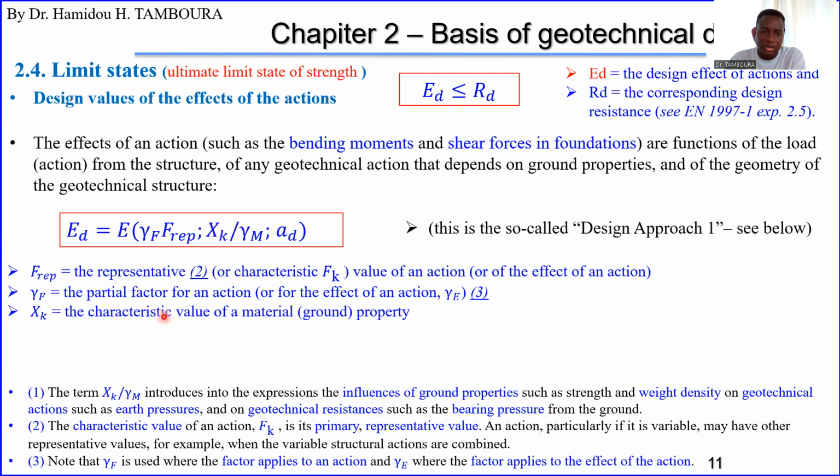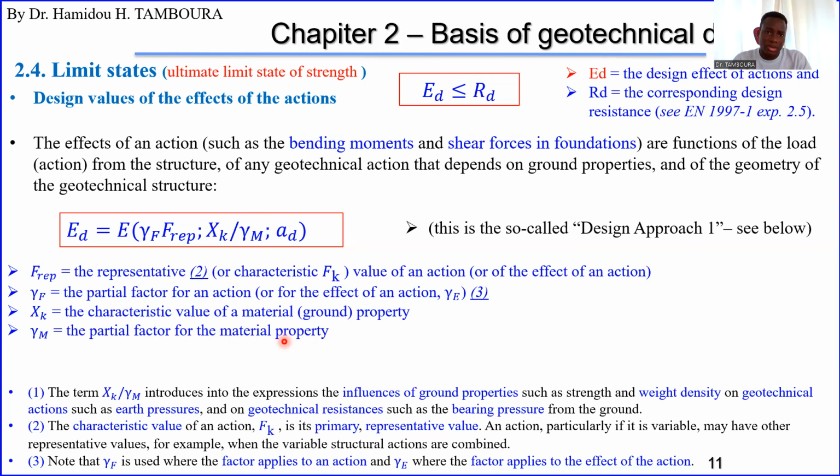This one is the characteristic value of material, ground property, for example unit weight or frictional angle. So this characteristic value is then divided by another partial factor, the partial factor for material property.